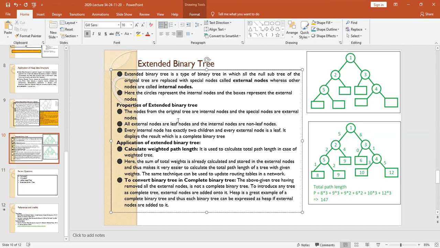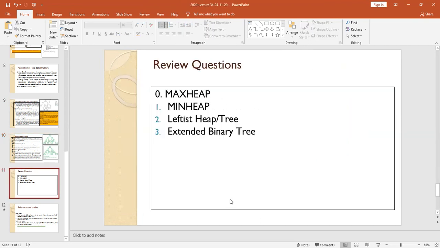Original tree nodes are internal nodes and special nodes are external nodes. All internal nodes are non-leaf and all external nodes are leaf nodes. Every internal node has two children and every external node is a leaf. External nodes are represented with boxes and internal nodes with circles. So this is up to the review questions we have seen.